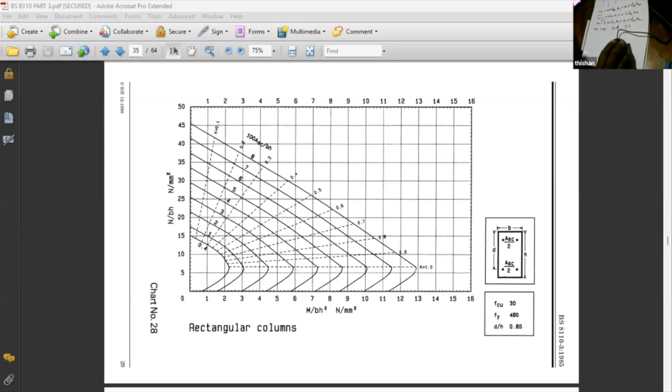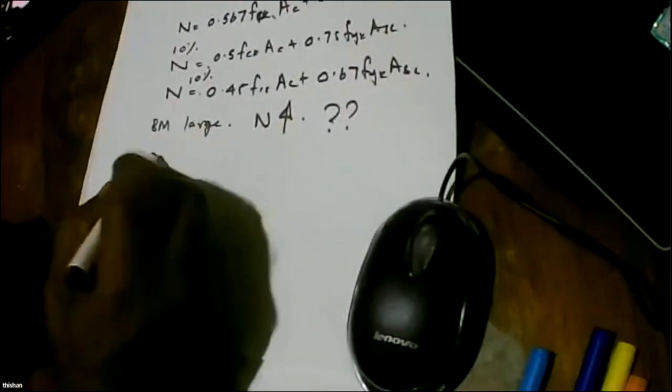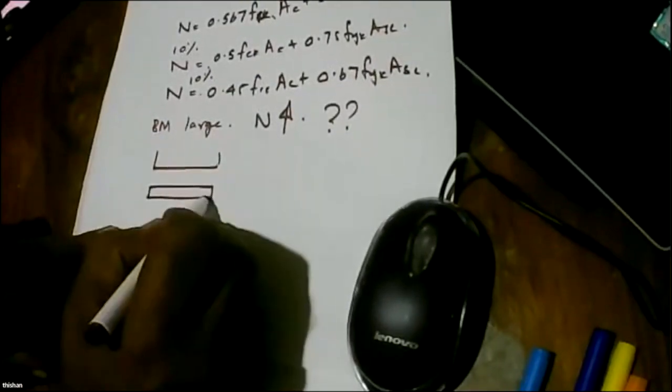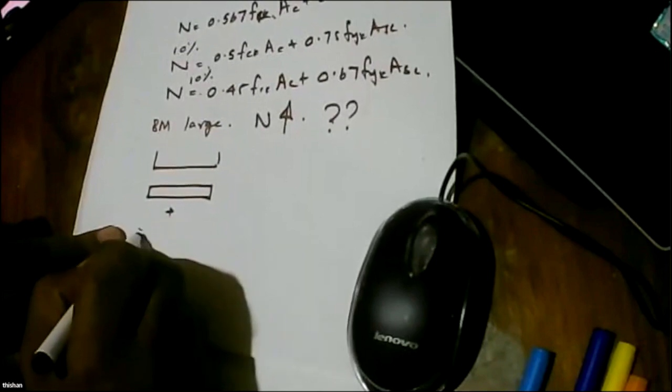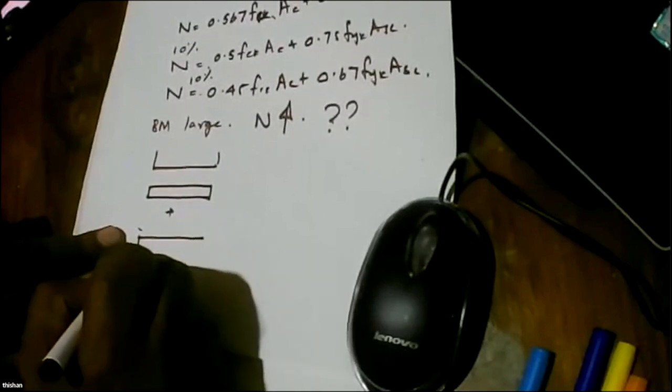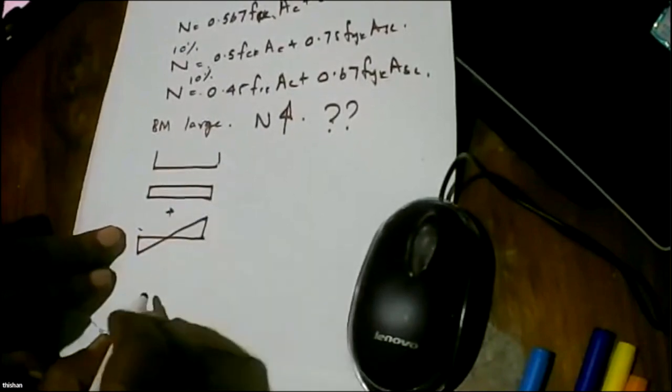Then the failure occurs due to what? So if you look at the situation in a column, we can have the column carrying some compression, and I'm deliberately drawing it with big moments like that.